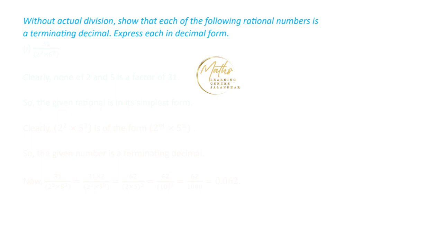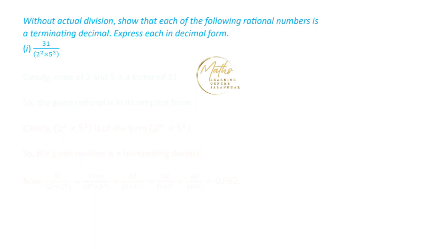First: without actual division, show that each of the following rational numbers is a terminating decimal and express each in decimal form. The first example is 31 by 2 raised to the power 2 into 5 raised to the power 3. The first thing in the condition is that the given number should be in the simplest form.